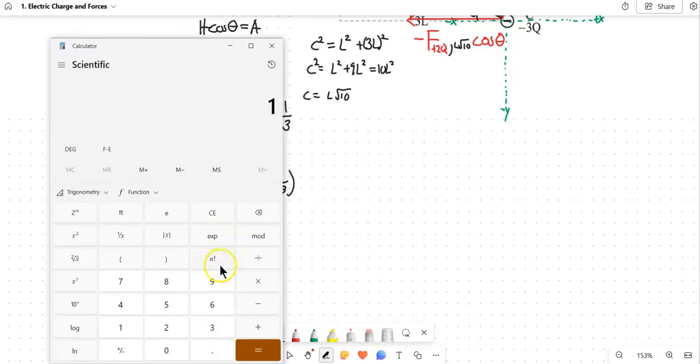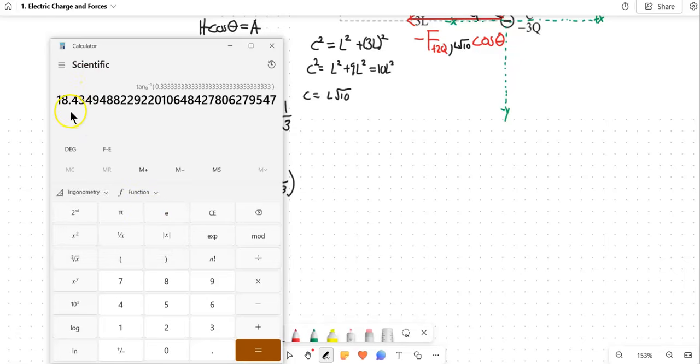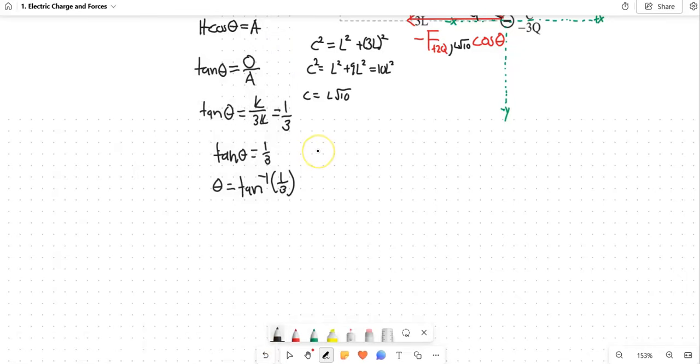So I'm going to take 1 divided by 3 equals, go to trigonometry, second function, and take the inverse tangent of that. So that's 18.43. So theta is 18.43.